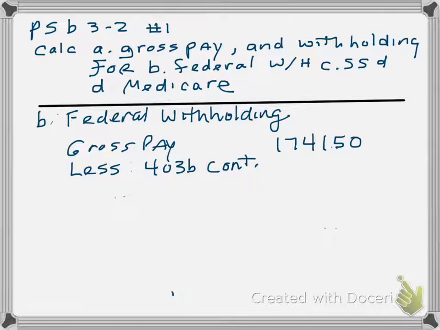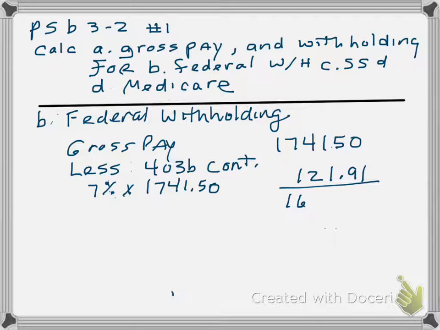And that contribution is equal to 7% times the $1,741.50, or $121.91. Or $1,619.59. So that is the amount taxable for federal tax withholding.